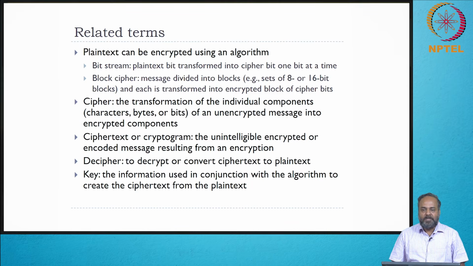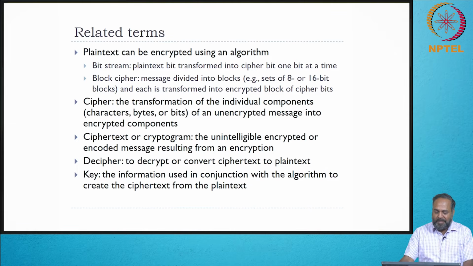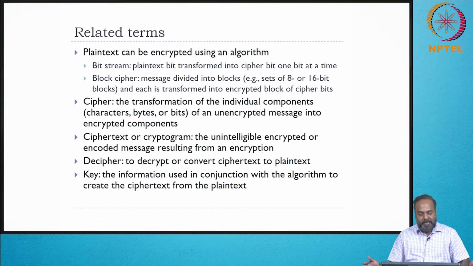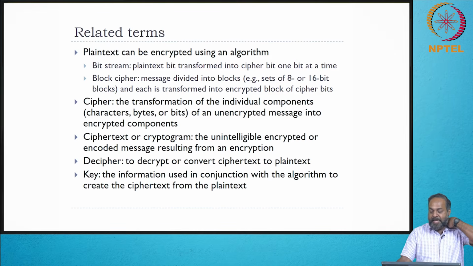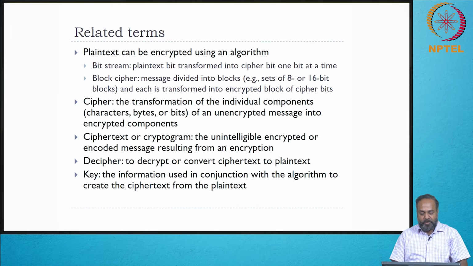We will see some of the mechanisms or methods for encryption as we go. Cipher is the transformation of the individual components, the characters, bytes or bits of the plain text into an encrypted component. And the cipher text or cryptogram is that unintelligible encrypted or encoded message.